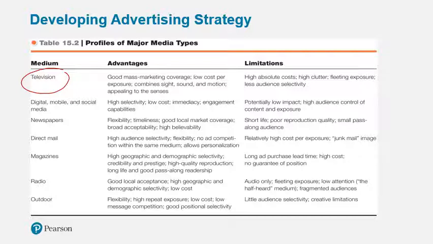You have digital social media. The nice thing about it is that it gives you the tools to very narrowly target your market. So it's very selective. Okay, it tends to be low cost in general. Both cost of exposure is low, and also you don't need to have a huge budget to do a campaign, so you can start small.